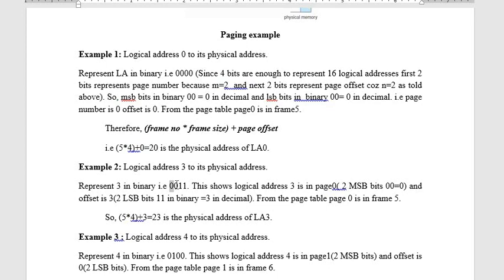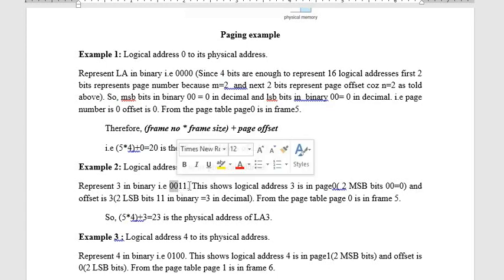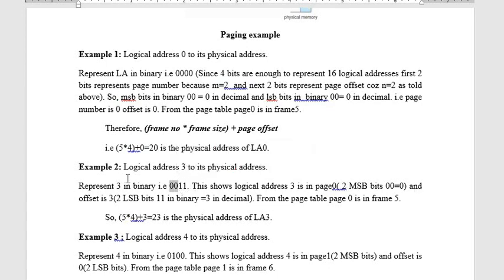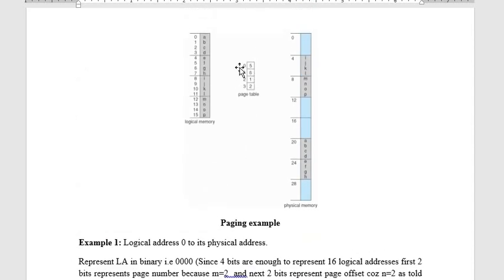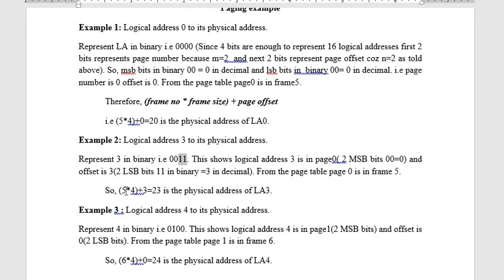The first 2 bits tell the page number, and the other 2 bits represent the offset. So we are looking into page 0, and in page 0 the third data, isn't it? So now what should we do? Go to the page table. Page 0 is present in which frame? We need to get the frame number. It is present in the 5th frame. So get the frame number, multiply with the size, and add the offset so that it is possible to move to that particular location within the frame.